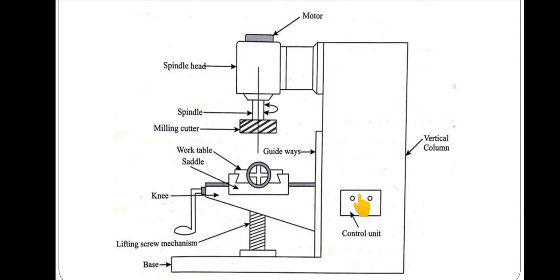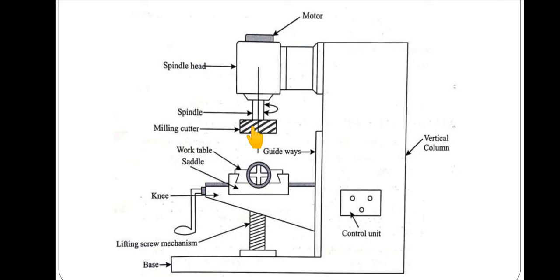Here in the working principle, we mount the workpiece on the work table and lift the knee upward. When we switch on, the milling cutter rotates continuously. If you feed the workpiece against the rotating milling cutter, we can remove material from the workpiece, and we are able to get the final product.